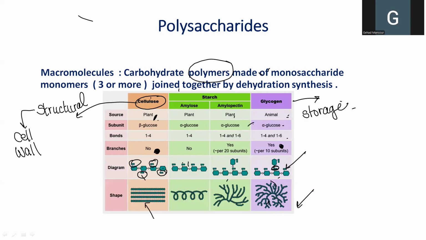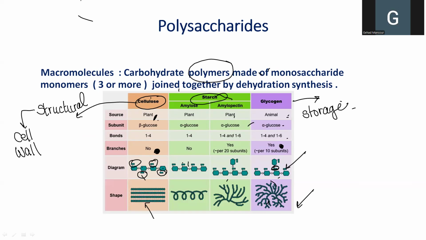On the other hand, starch is the storage form of carbohydrates in plants. So the only one that is structural is cellulose. Both types of starch, whether amylose or amylopectin, consist of alpha glucose. Amylose is not branched, as you can see on the diagram, whereas amylopectin is branched.